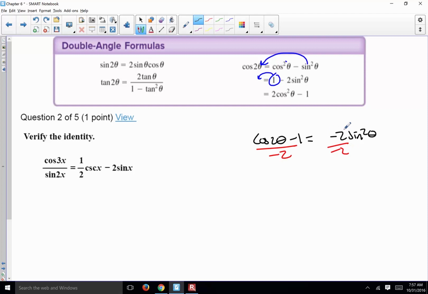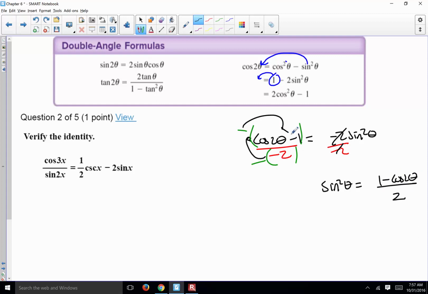So sine squared theta is equal to, I want to put the minus on the top, so I will multiply both sides by a negative. This way I don't have a negative on the bottom. So this becomes 1 minus cosine 2 theta over 2.